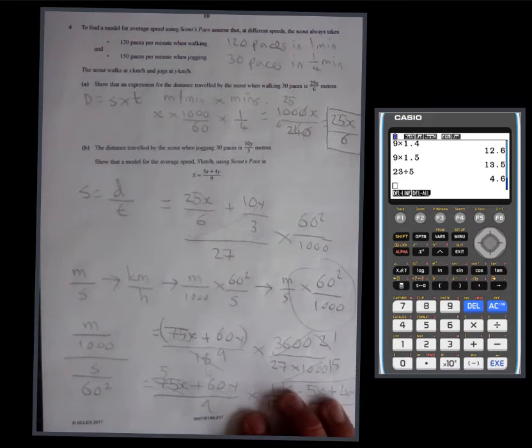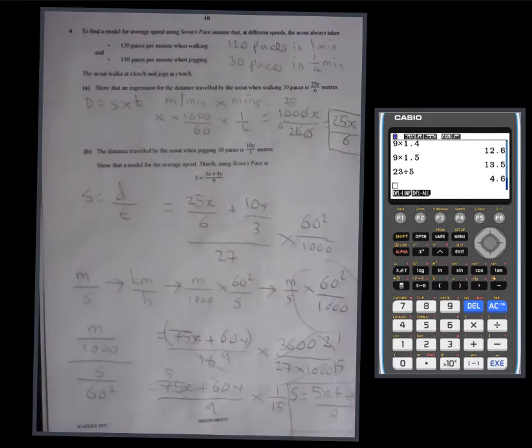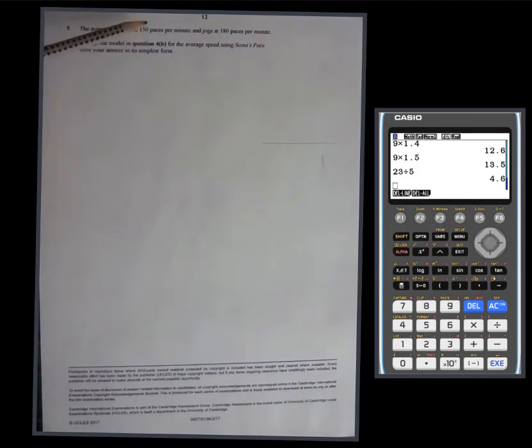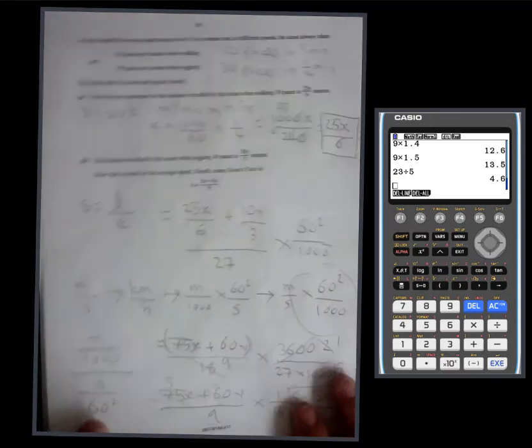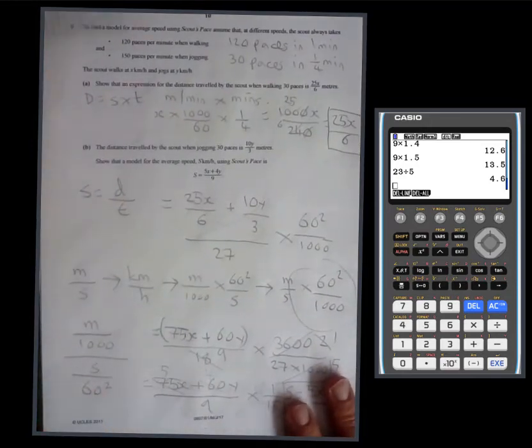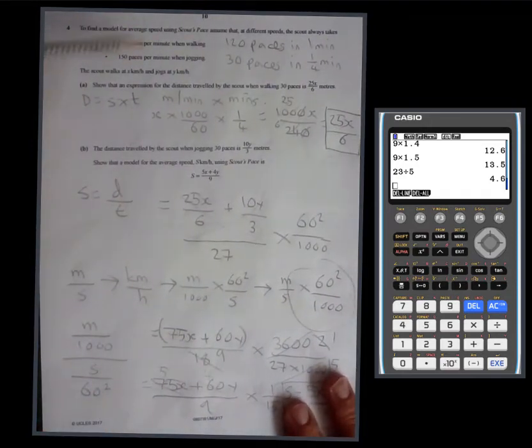Well, the walking pace is now 150 paces per minute. So that is going to change the amount of time it takes to walk 30 paces, and it's also going to change the distance that involves. But it's not that bad, because that's exactly the same speed that he was jogging at before.